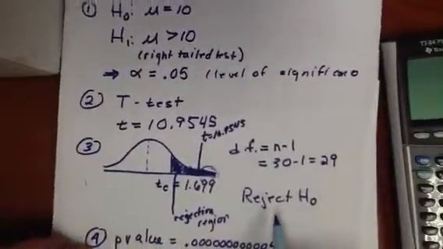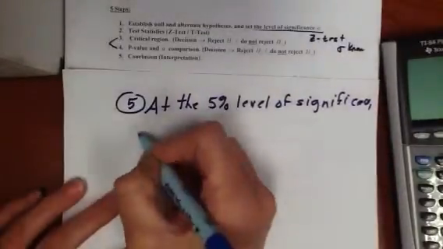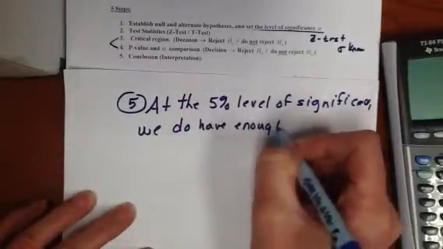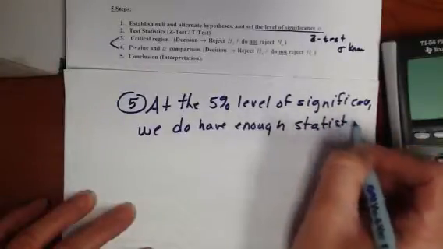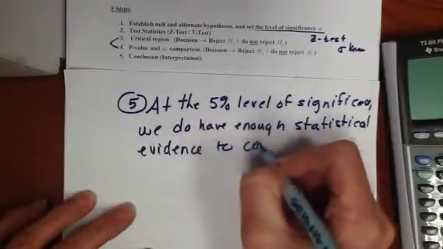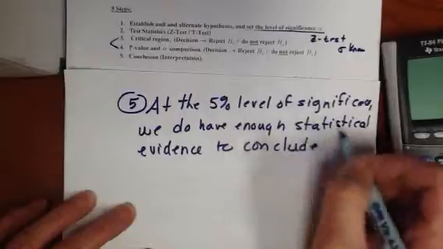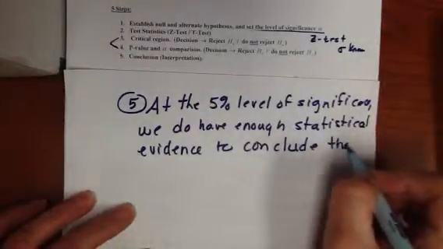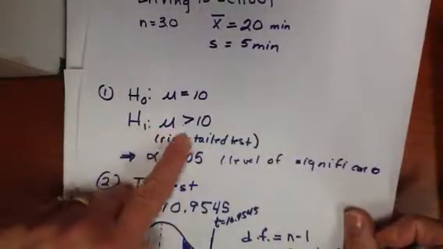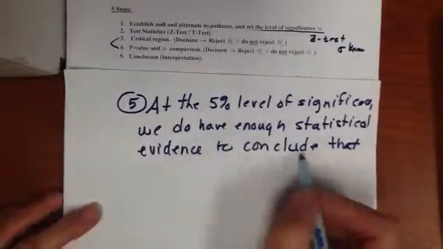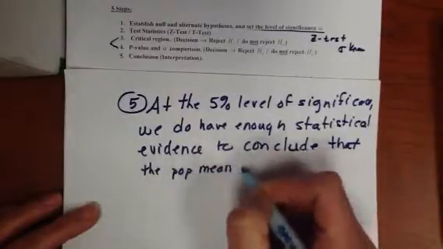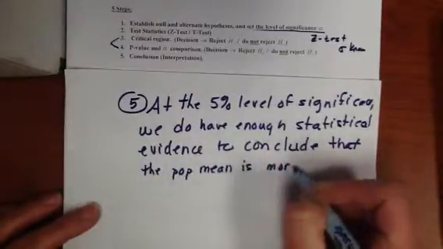Since we rejected, that's like guilty, so we do have enough statistical evidence to conclude, and we have to put the alternative in words. My alternative here is that the population mean distance students drive to school is more than 10 miles. So to conclude that the population mean is more than 10 miles.